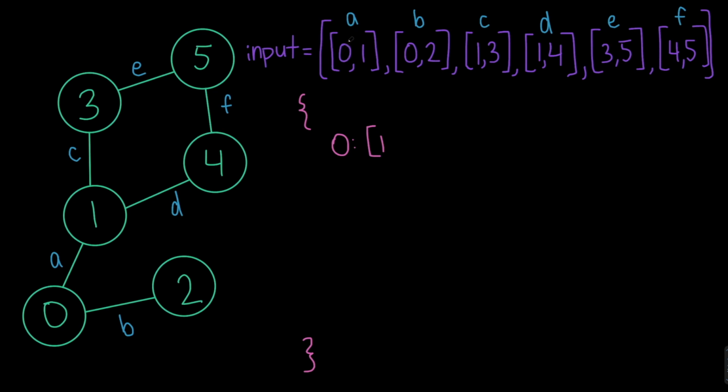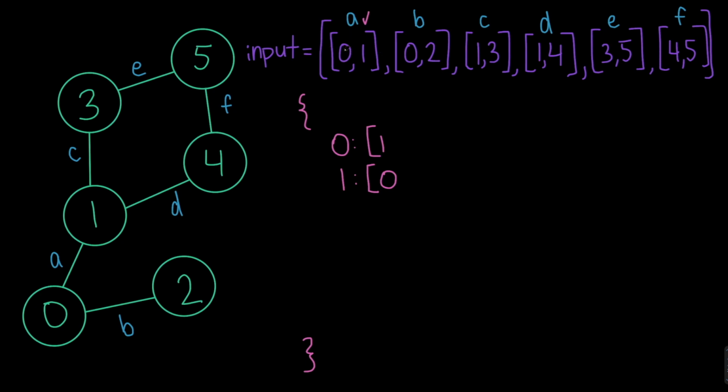So the 0 node is actually a neighbor of the 1 node. So we need to record that information as well before we are finished processing edge A. This is the key thing to understand with undirected graphs, is every edge tells you two pieces of information, and you need to handle them accordingly. Okay, that's it for what we have to do with this edge. So we can go ahead and cross off the A edge. I'll do it right next to the letter.